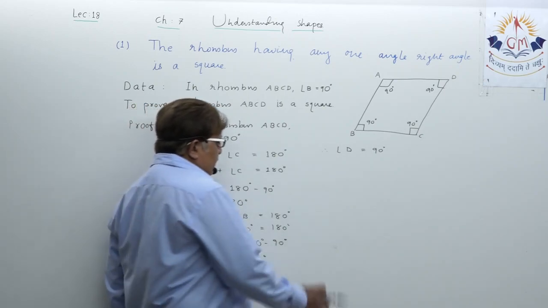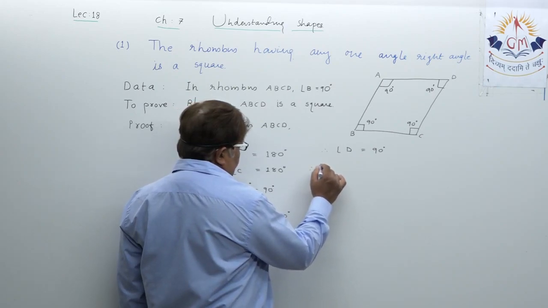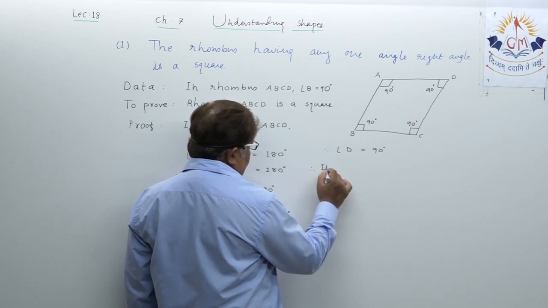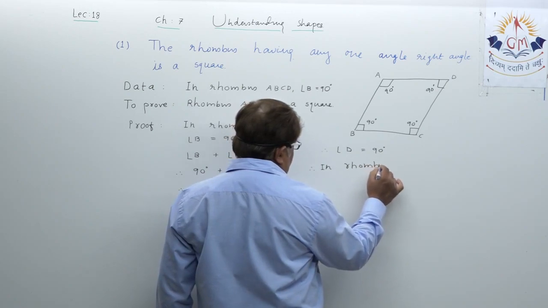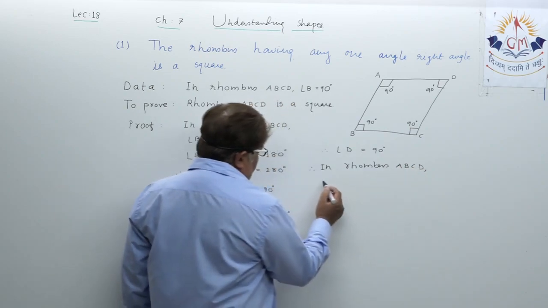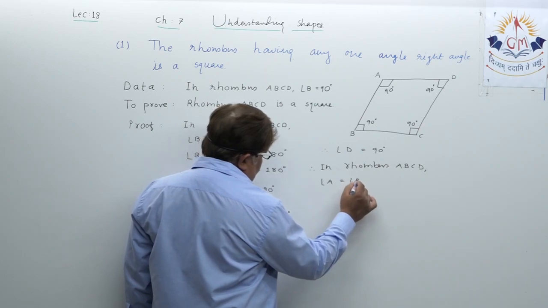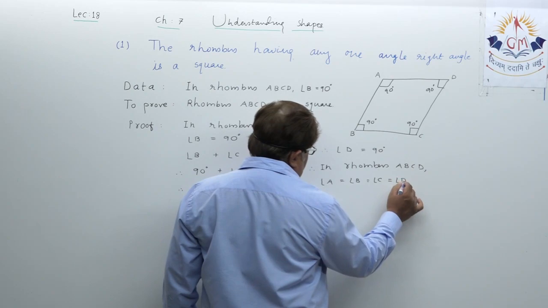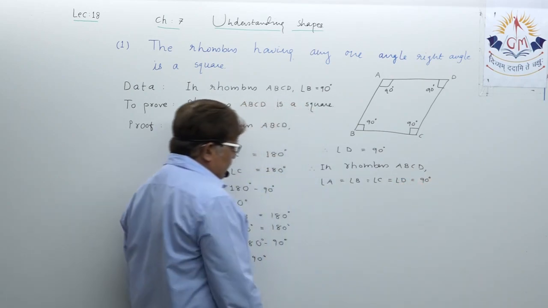So, can we mention in this way, therefore, in rhombus ABCD, angle A equal to angle B equal to angle C equal to angle D equal to 90 degree.